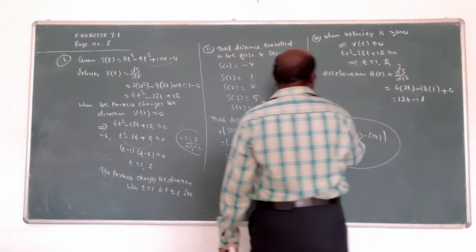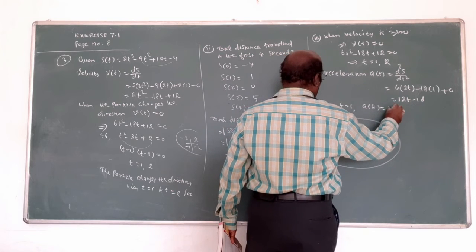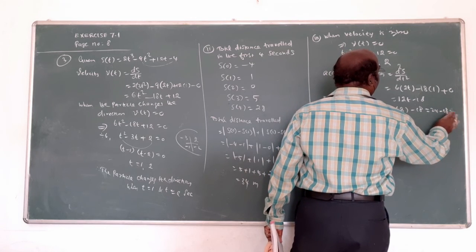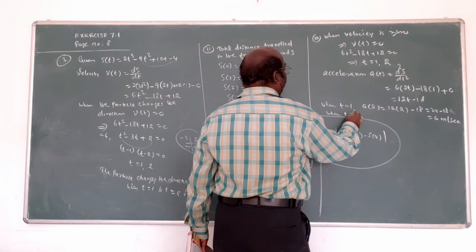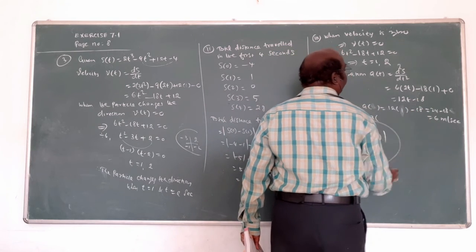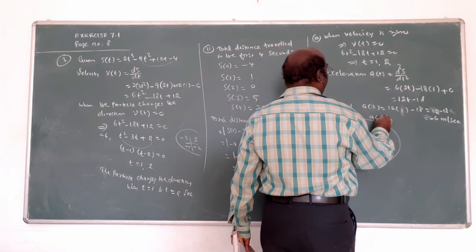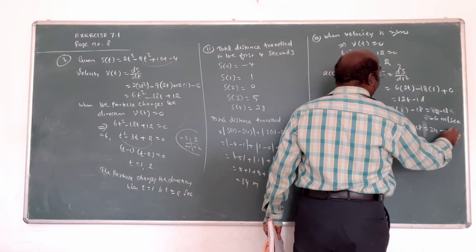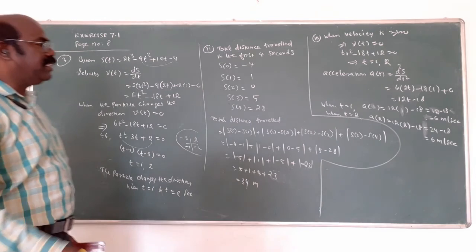Now when t equal to 1, a of 1 is 12 minus 18, that is minus 6. When t equal to 2, a of 2 equal to 12 into 2 minus 18, that is 24 minus 18, 6 meter per second square is the answer.